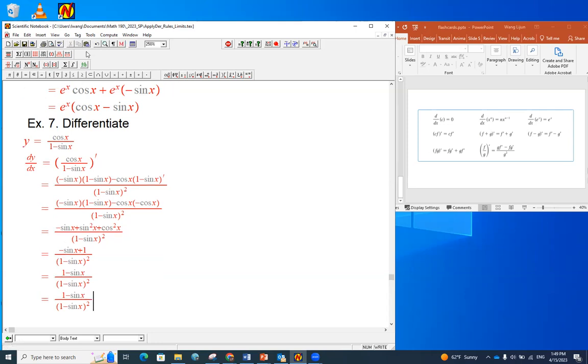In the end, 1 minus sine x takes away one of the 1 minus sine x in the bottom, and that's the answer. We can remove the parentheses. You can see differentiation does involve reducing. And for this question, we're done.